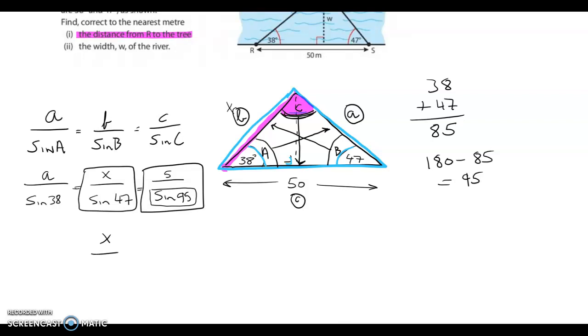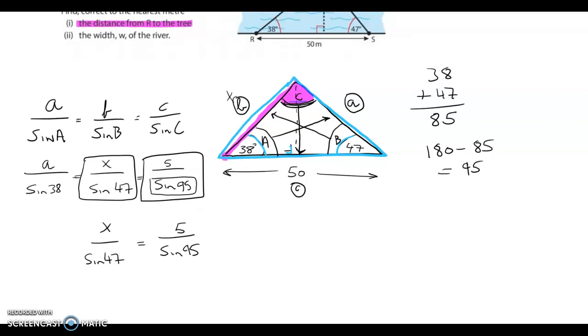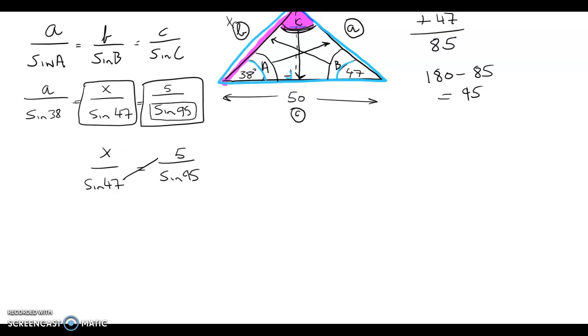When I've chosen the two, I cross multiply. I'm just writing them down now to get rid of any confusion. So x is going to multiply by the sine of 95. Keep your equals in the middle. And 50 is going to multiply by the sine of 47.